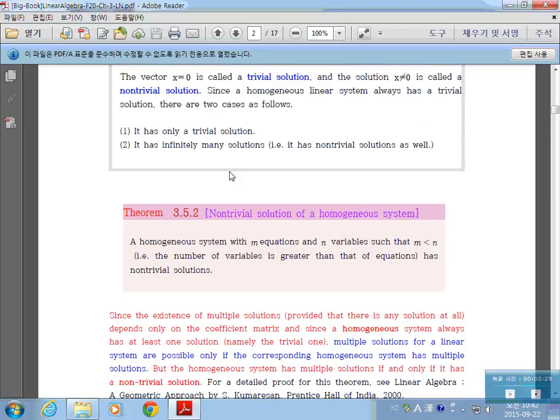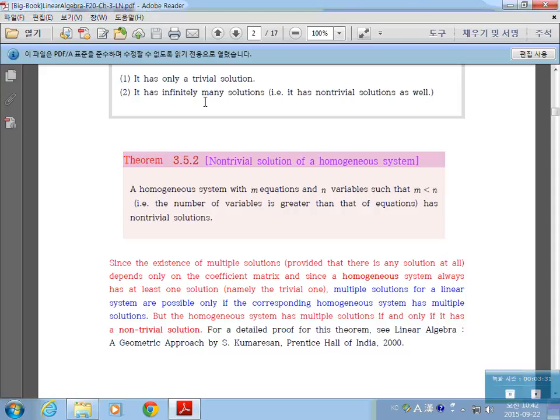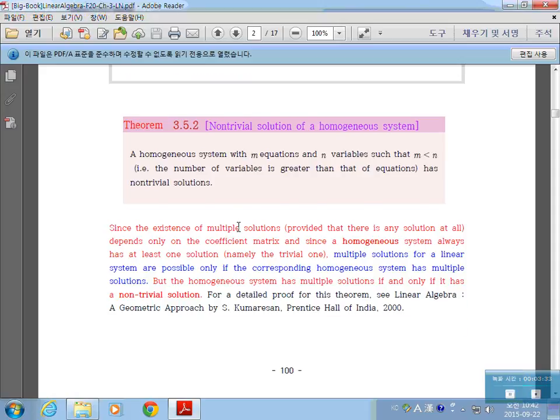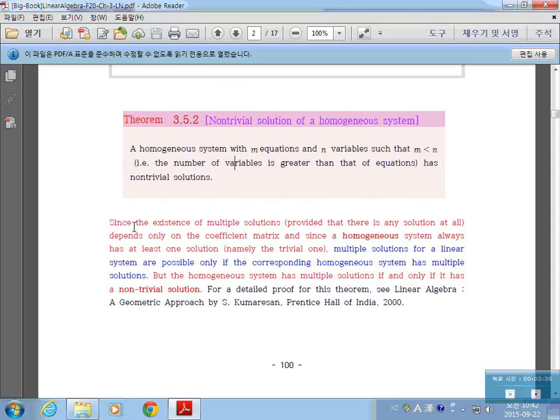This theorem follows from the observation that we had. Since the existence of multiple solutions depends only on the coefficient matrix, and since a homogeneous system always has at least one solution, namely the trivial solution, multiple solutions for a linear system are possible only if the corresponding homogeneous system has multiple solutions.